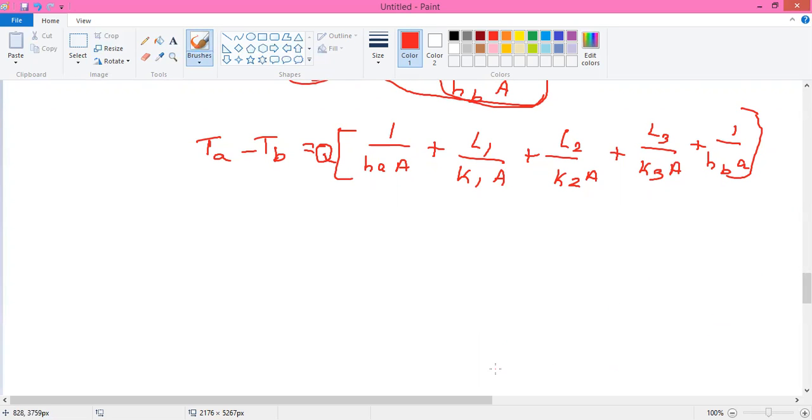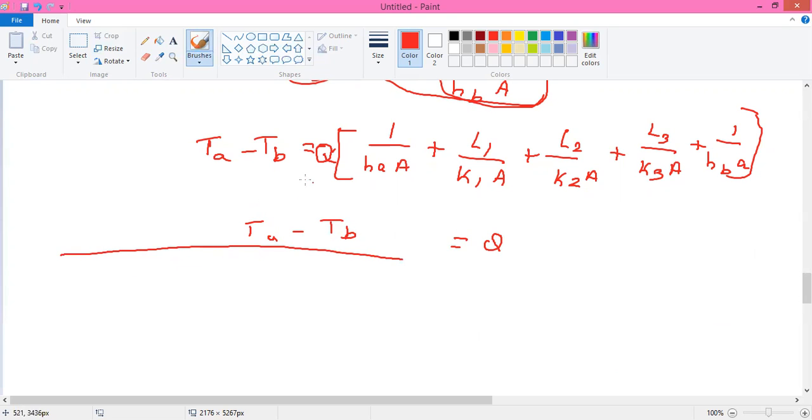Okay. So next we take Q to one side, the right-hand side is Q, and the remaining values that were multiplied go down as division under TA minus TB.